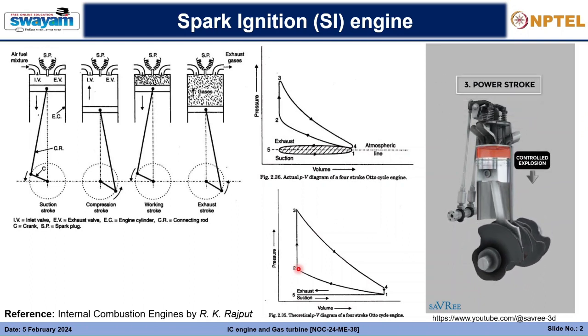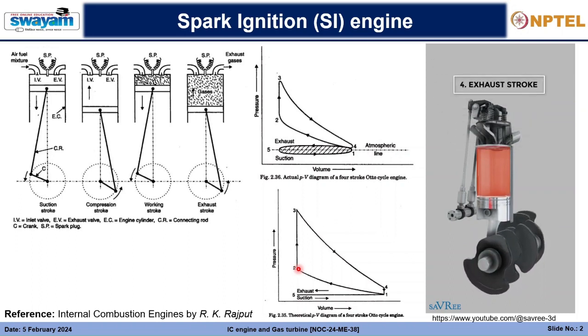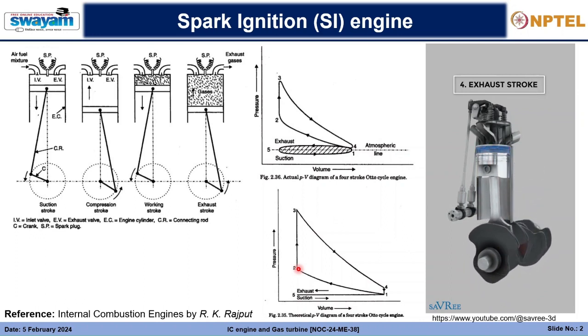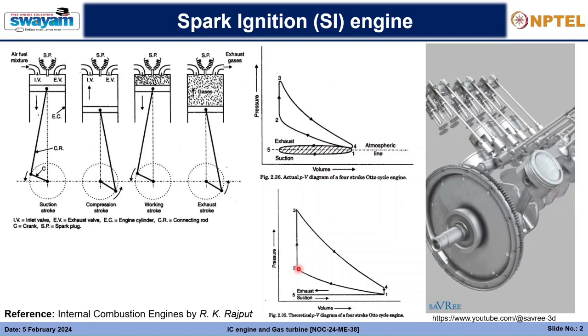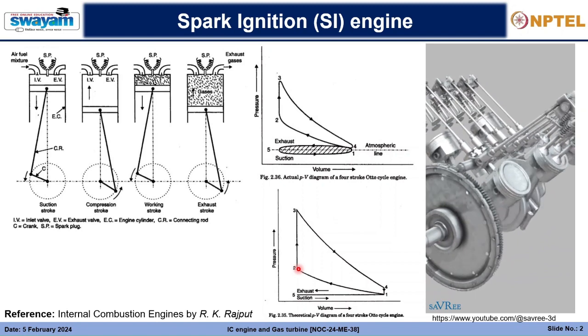Fuel is injected, and a spark plug ignites the air-fuel mixture, causing a controlled explosion. The expanding gases force the piston downwards. Exhaust stroke. The piston moves up, forcing the exhaust gases out of the cylinder via the exhaust gas valves. The four strokes repeat themselves over and over again, generating power, then transferring it to the load.